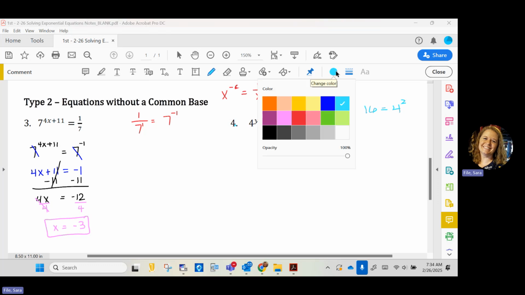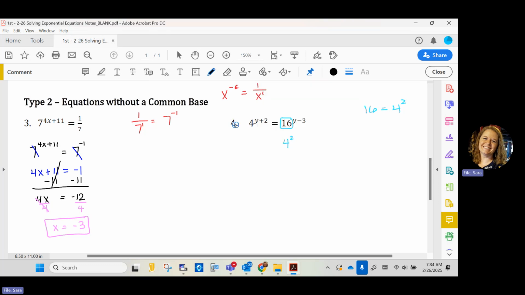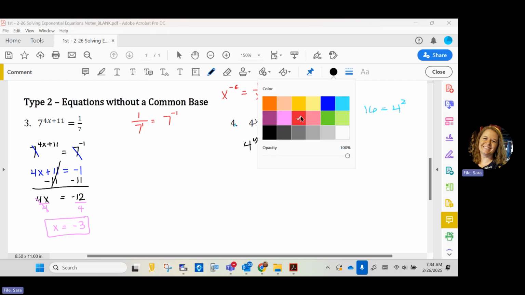Now here's where you have to remember one of your exponent rules, because now I've got a power to a power, right? When we have a power to a power, who remembers what we do? That's another exponent rule we may need to come to the side and review.